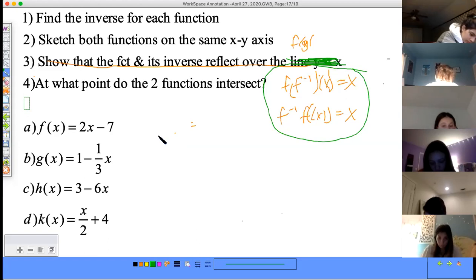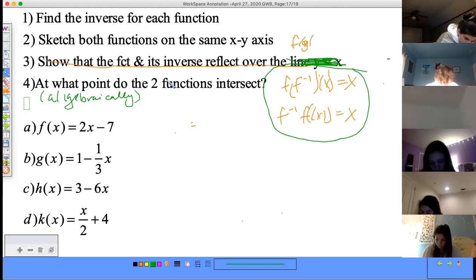And then the last question I ask you is, at what point did the two functions intersect? I want to know the answer to that algebraically. Not just using Desmos, because I know that we all have a little bit of devotion to Desmos, but I want you guys to be able to figure that out yourselves. Okay.